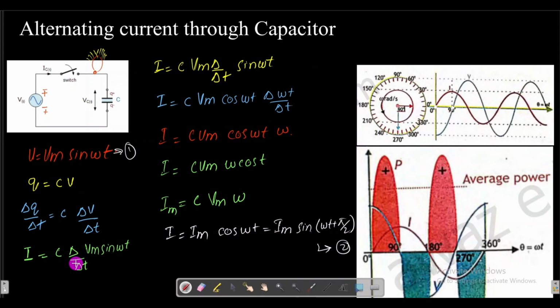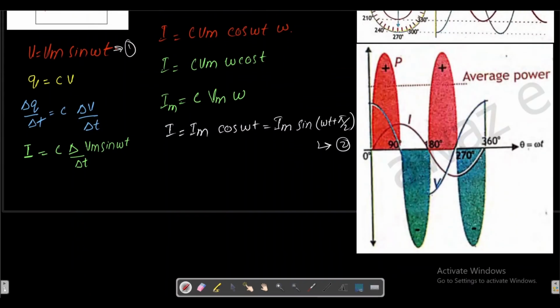Now what will be the power here? For the power we know that P is equal to I and V. Here I is equal to Im cos omega t, and V is equal to Vm sin omega t.